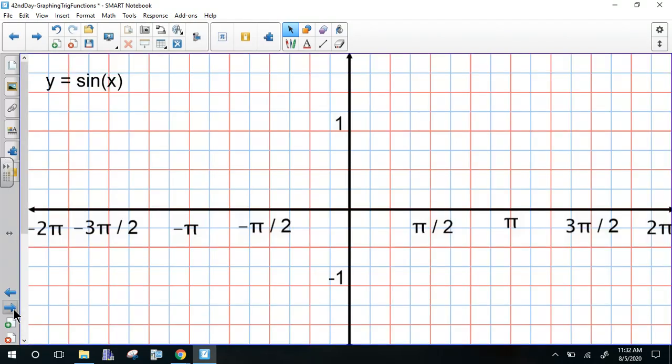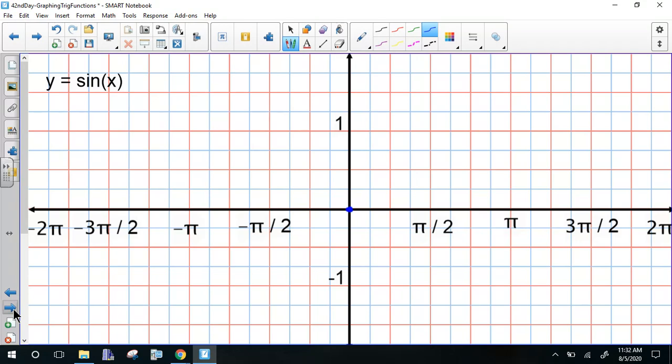So we're going to graph sine of x. Remember that sine of x always starts at (0, 0). Sine of pi over 2, it's either going to be negative 1, 0, or 1.